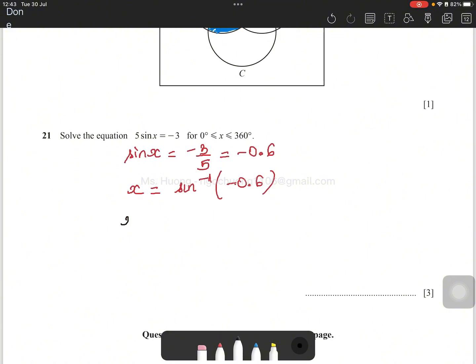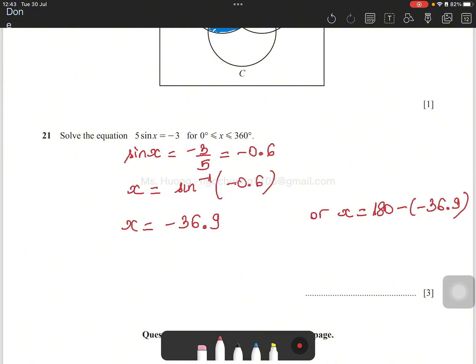When you use your calculator, you will see that x is equal to negative 36.9. This is the first answer. And the second answer is x equals 180 minus negative 36.9.